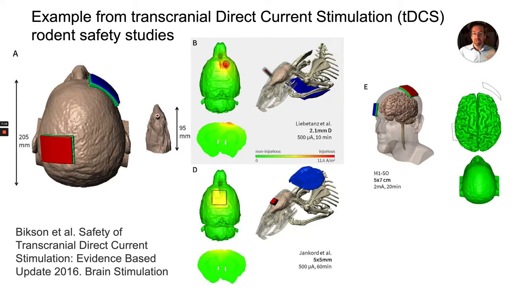So here you see about 0.5 milliamp applied to rodents, and here's 2 milliamp applied to a human, in this case me again, and these are on the same scales. And so as could be expected, less than a milliamp, a fraction of a milliamp applied to an animal produces much higher electric fields in the brain than several milliamps applied in a person.